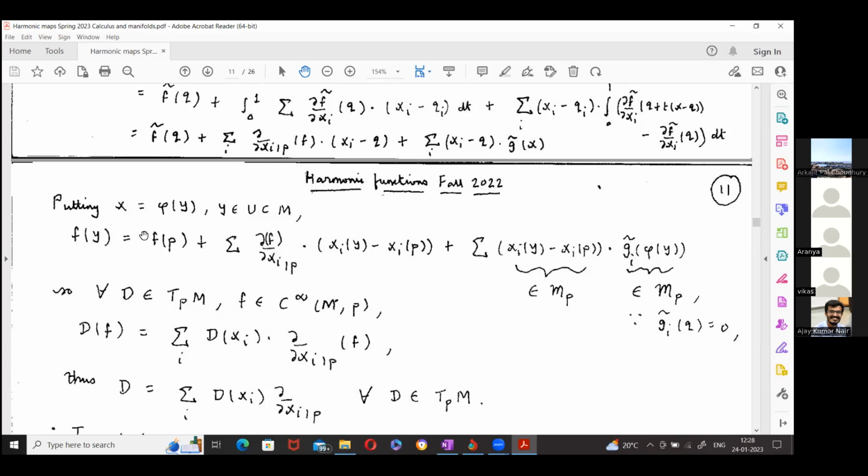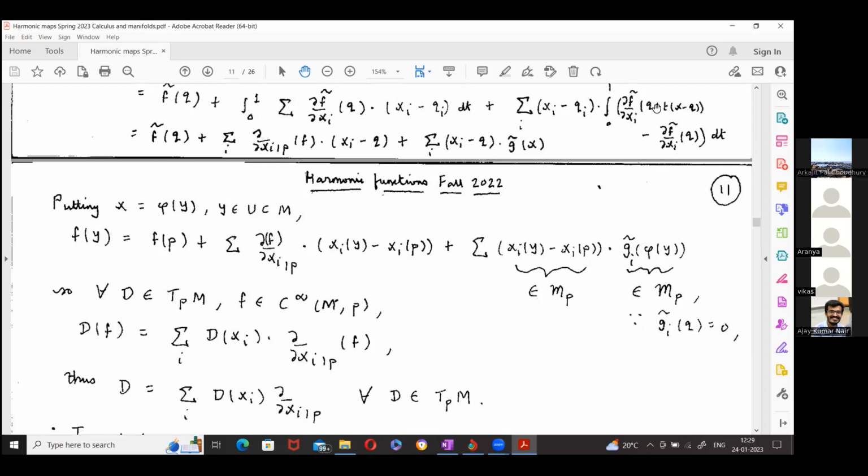Now, what is the point? The point is the first term here, f of P, this is a constant, right? And this term here, xi(y) minus xi(P), as a function of y, this vanishes at y equal to P. So this belongs to the maximal ideal M_P. And this second term here, g̃i of φ of y, this also vanishes at P because g̃i of Q is equal to 0.